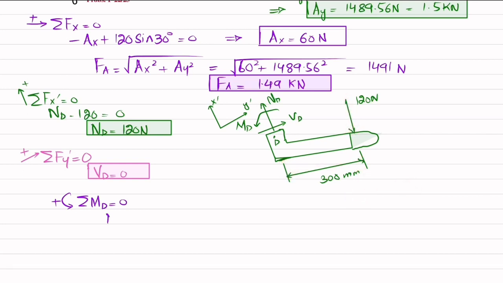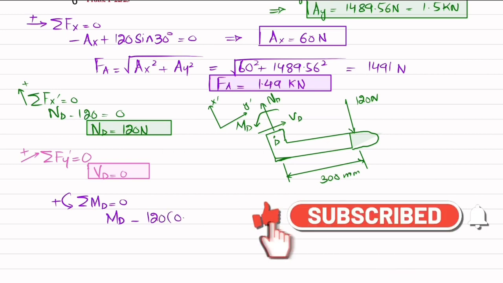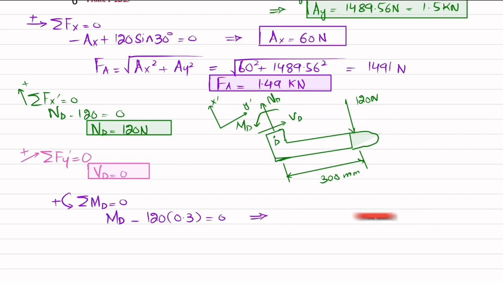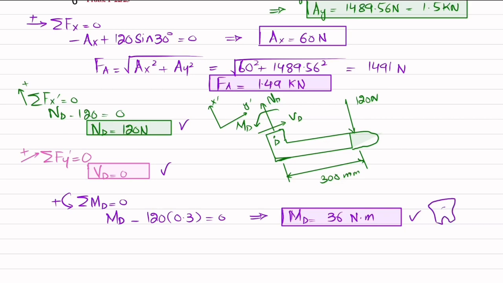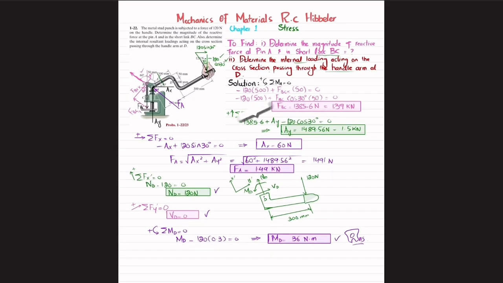So I will write MD minus 120 into the perpendicular distance 0.3 meter is equal to 0. So when you calculate it, you will get the moment about point D comes out to be 36 Newton meter. So these ND, VD and MD are the internal loading at point D, and that is the answer of our second part. And this was all about this problem 1-22.